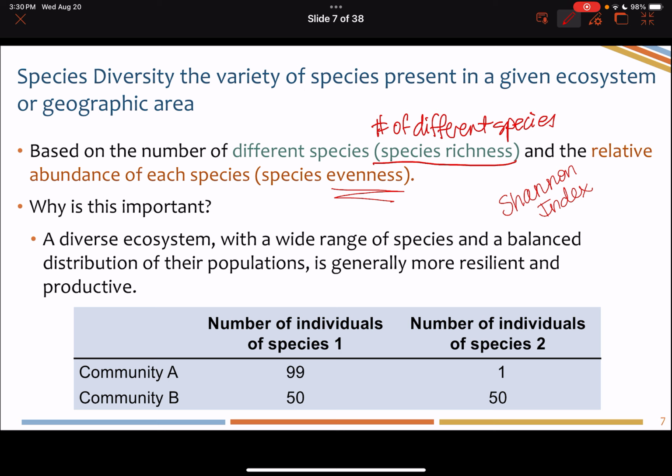I'm just going to tell you that the general trend is that as you increase diversity in your community, you're also going to increase resilience. The reason that species diversity is important is because in a diverse ecosystem with lots of different species distributed in a balanced way, that ecosystem is generally going to be more resilient when it is faced with disturbances or stresses, and also more productive.